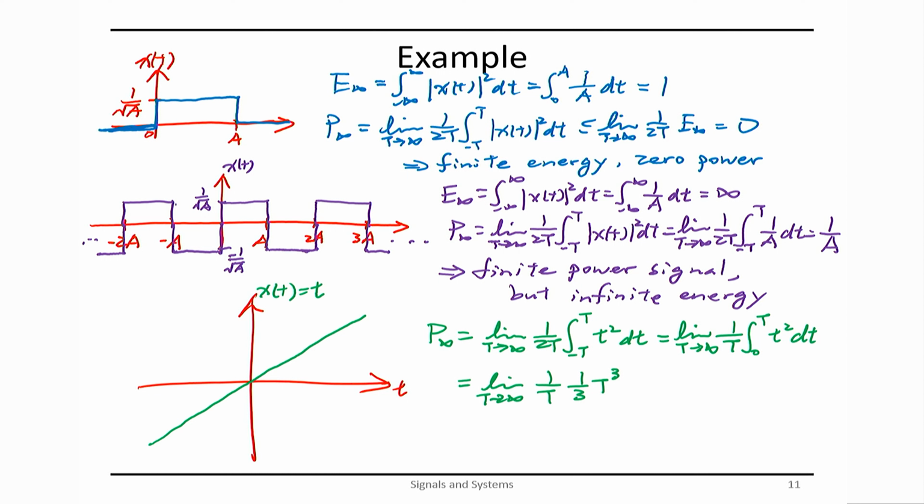And you will still have capital T squared. So then as capital T goes to infinity, this essentially goes to infinity. Okay? So this is infinite. So this signal here is an infinite power signal.